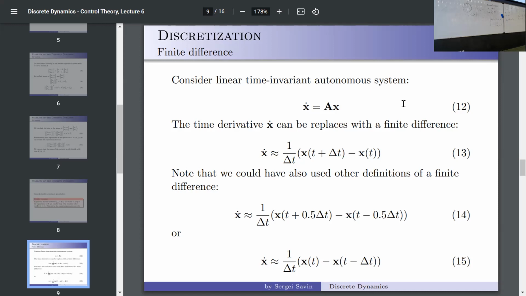Now, if we have expression 12, we can discretize it. What do we mean by discretize it? Well, we can use the definition of a derivative. You remember the definition of a derivative that you studied when you had calculus classes? Can someone tell me the definition? Limit, right?